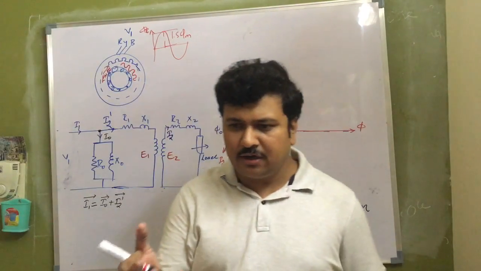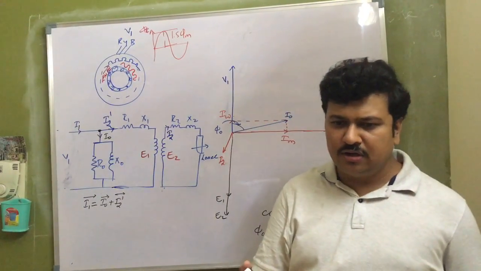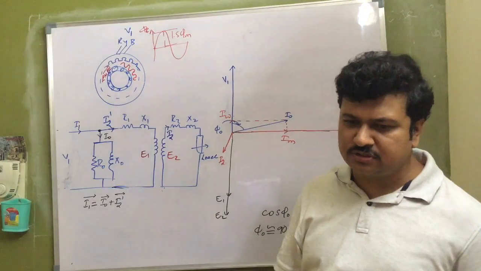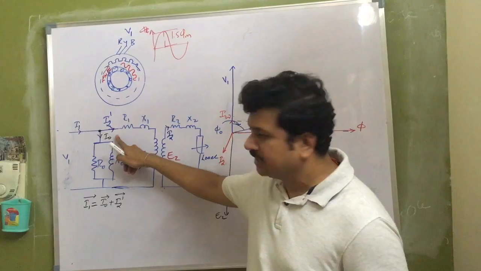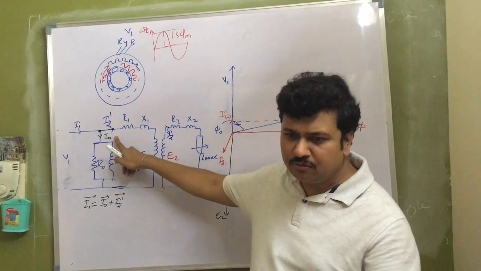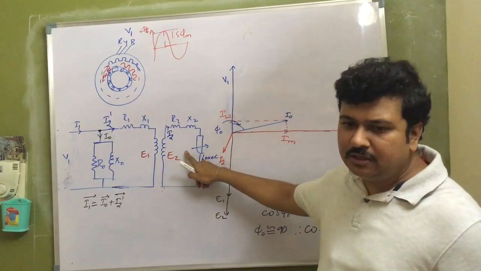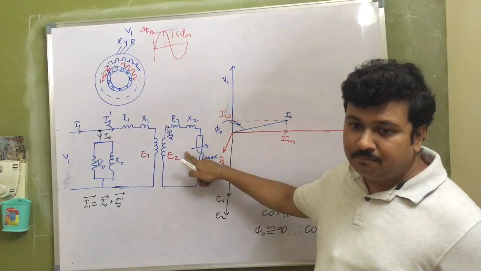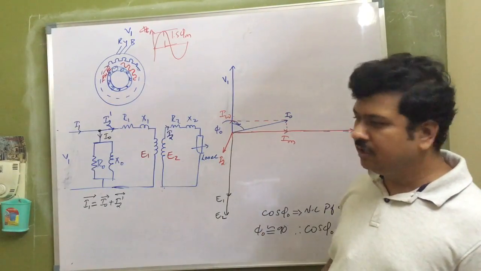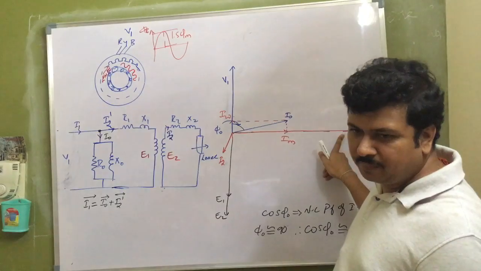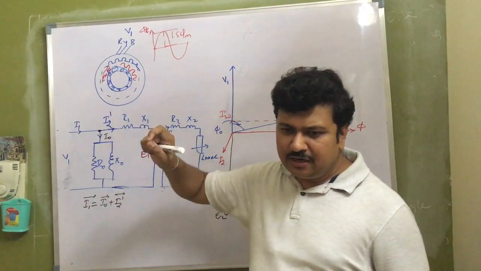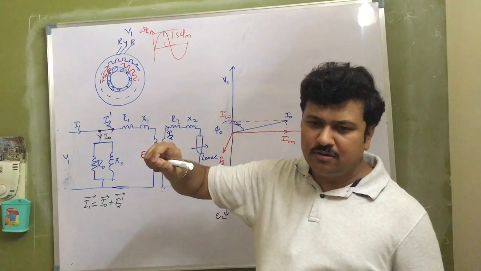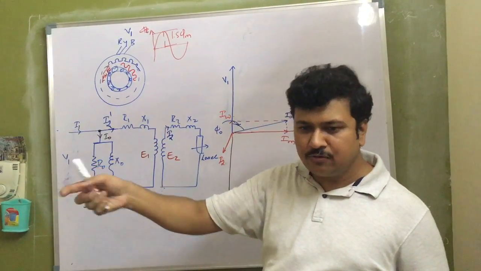See, whatever the current requirement is there in the load, the same current has to be drawn from the source. So the magnitude of the current drawn by the source in the stator is exactly equal to the magnitude of the current required in the rotor, but in the opposite direction. To keep this flux phi constant, the current drawn I2 dash will be exactly equal to I2 but opposite to I2.